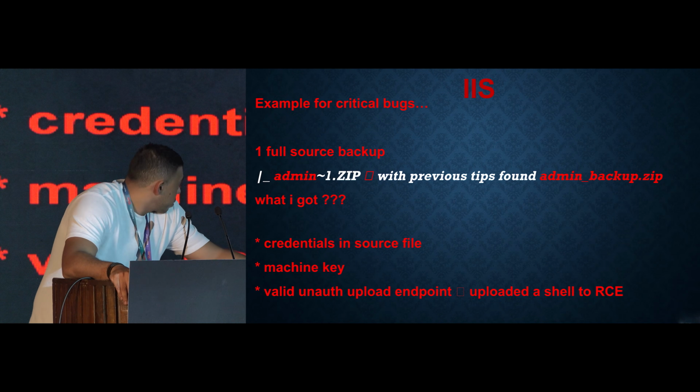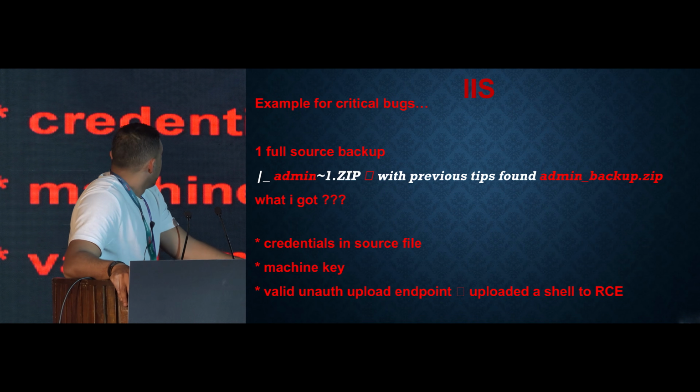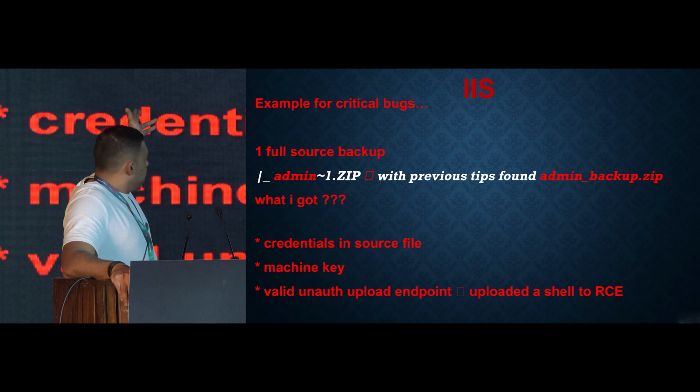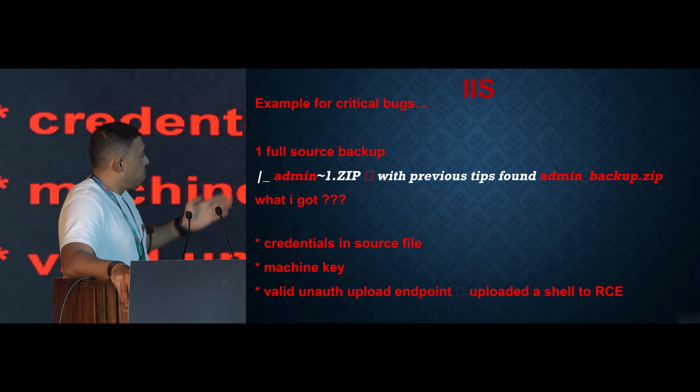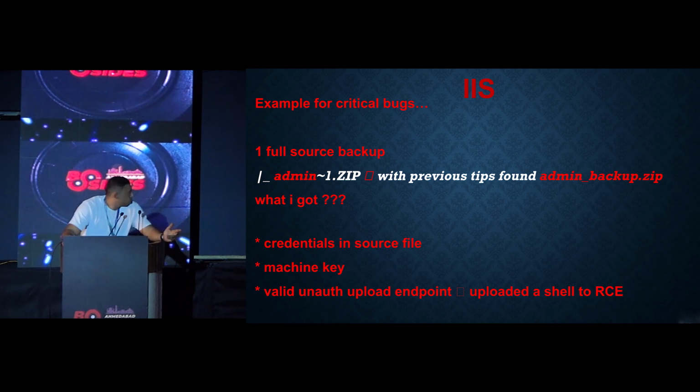Now, examples for some critical bugs that I was able to locate. Now, I found a short name, it's called admin, and the extension of the file, zip file. Now, with the previous tips that I talked about, I was able to locate the source backup at admin underscore backup. From that, what did I get?